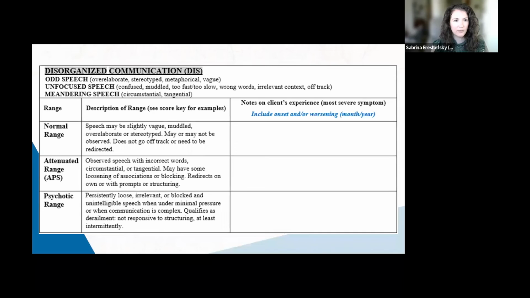And then within the disorganized communication, this covers odd speech, unfocused speech, and meandering speech, and again, what is that differentiation point between normal and attenuated, and between attenuated and psychotic? And sometimes for communication, you have the structure and leading questions in place, and yet an individual is not able to really follow the flow of the conversation. You start to really feel the weight of the difficulty with understanding a person when they're within this threshold psychosis range.